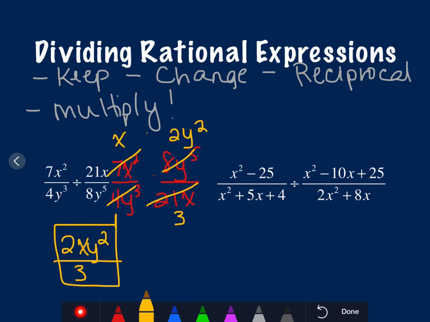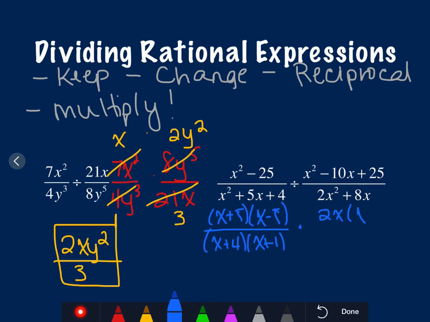In the second problem, I'm actually going to do the keep, change, and flip while I'm also factoring, just to save myself a little bit of space. So I have x plus 5 times x minus 5 over x plus 4 times x plus 1, times 2x times x plus 4 over x minus 5 times x minus 5.